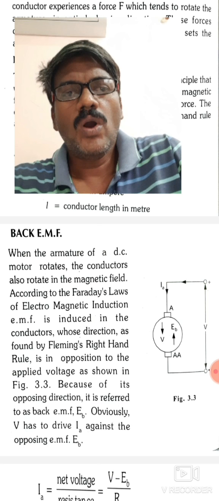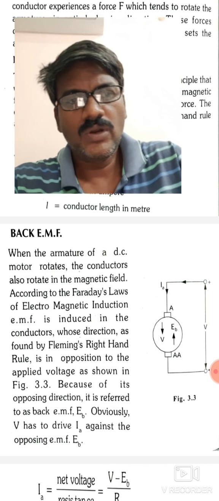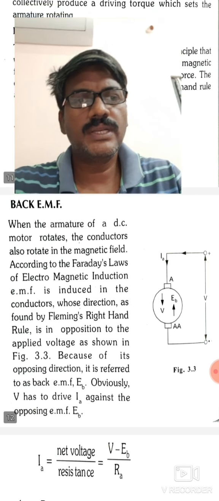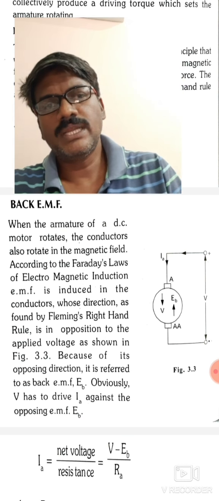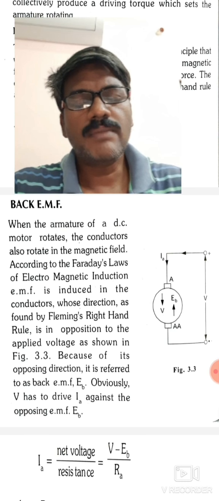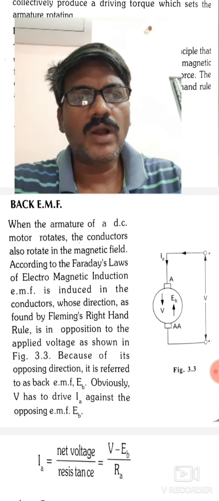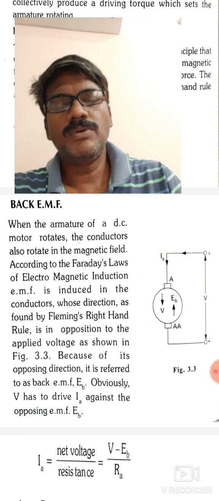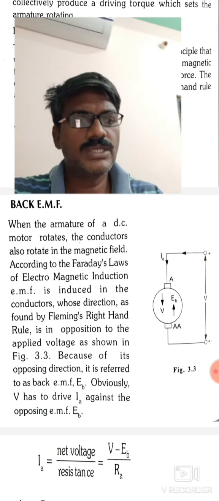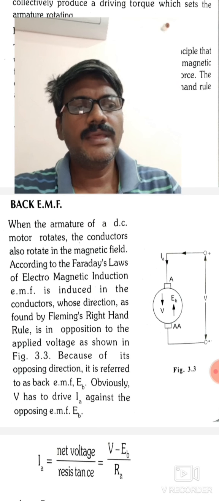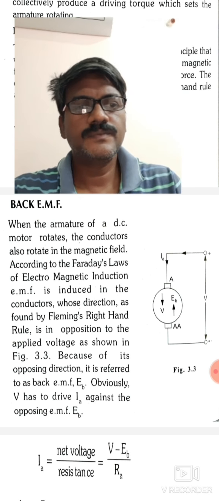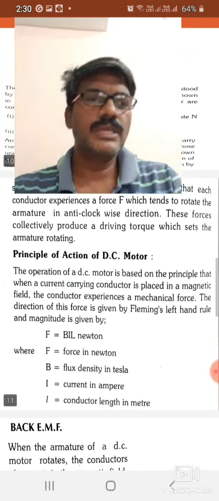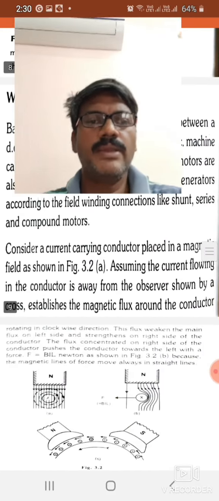It is opposite to the applied voltage, which is shown in the figure, right? Because of this opposing direction, it is referred to as back EMF, EB. Obviously, V has to drive IA against the opposing EMF EB, right?